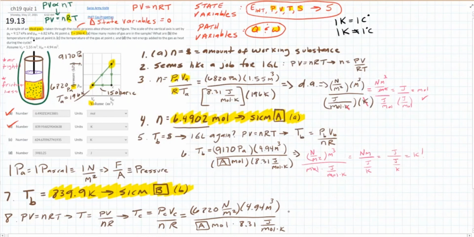I'll leave it to you: for sure, you should do the dimensional analysis and make sure that you do get Kelvin out of all of this. 6820 times 4.94 divided by A divided by 8.31. Okay, 624 and some change. That's the answer to part C. For sure, store this in your calculator memory.